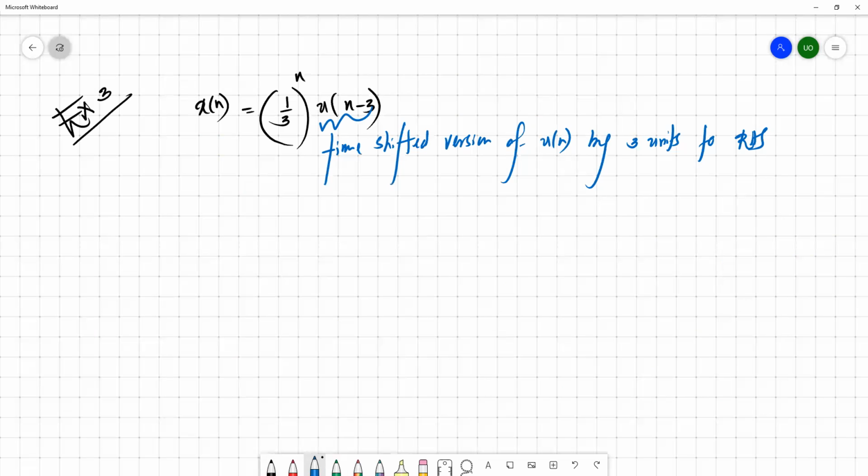So then we'll take the shifted version of this original function. If you have x[n] here, what about x[n-3]? Instead of n, you can just substitute n minus 3.